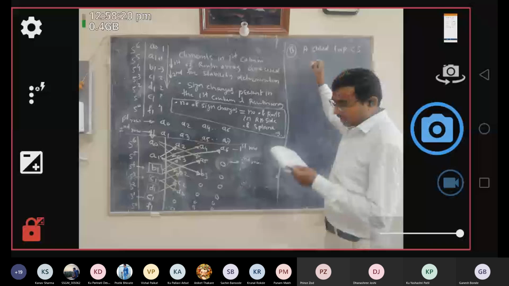Okay, now prepare the Routh array. First of all, find out the elements corresponding to the first row and second row of your Routh array, and the Routh array consists of all the powers of s: s cube, s square, s raised to 1 and s raised to 0. So find the elements corresponding to the first two rows. We are using the alternate coefficients.